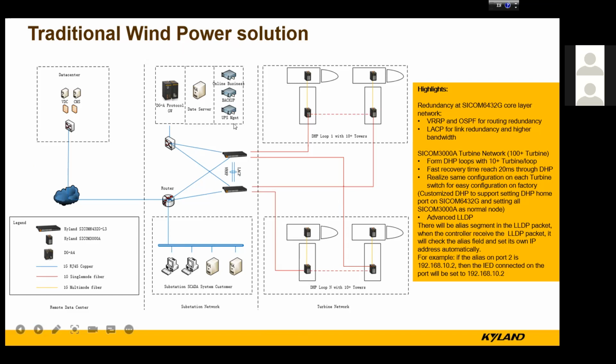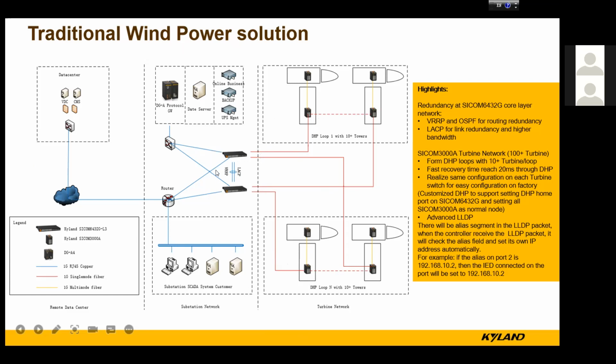And on the substation level, we use a redundant group of core switches, the 4000 432G, which has 4 10-gigabit ports and 32 1-gigabit ports. The 1-gigabit ports are used to loop the turbine network.